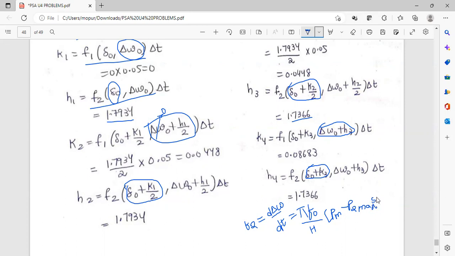This del value is variable here. Based on H1, H2, H3, H4, this del value will be changing.